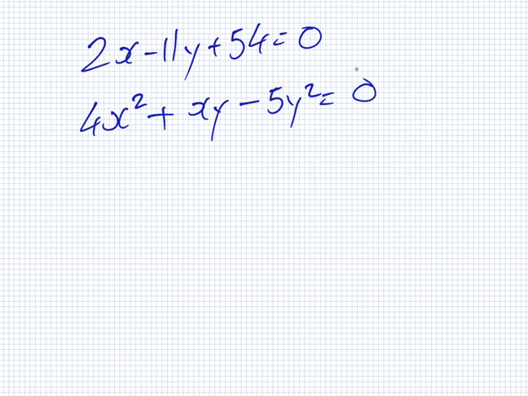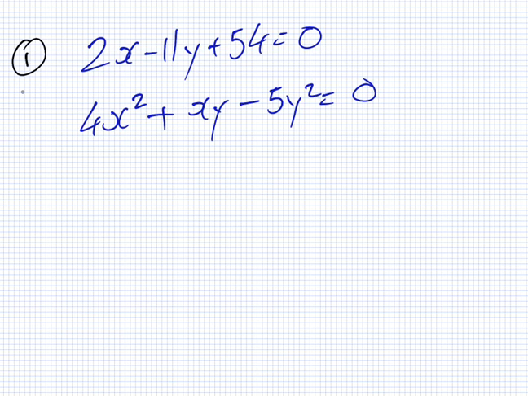The linear equation, what do you need to do? Make y the subject. You have to rearrange it. And also there's now a second problem. What is the problem with the second equation that makes it more difficult? There's an xy and y squared. So it's a little more difficult.